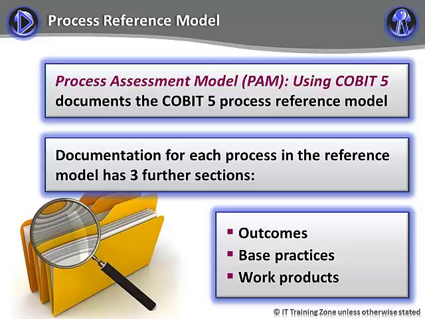The process ID, name, description, and purpose statement are identical to those you're familiar with. The documentation for each process in the reference model has three further sections: outcomes, base practices, and work products. We'll look at each of these over the next three screens and use Process BAI 06 Manage Changes as an example.